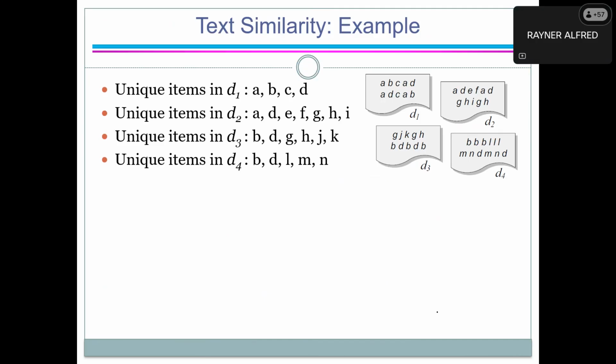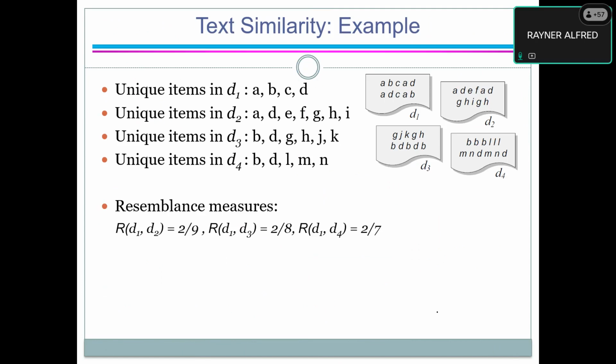Okay, so when we compute the resemblance value, we look at D1 and D2. For D1 and D2, we have 2 terms which are common. Since there are 2 in common, we have 5 plus 2 plus 2, so 9 unique terms. So that's why we get 2/9 here.